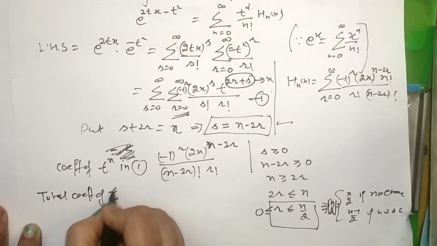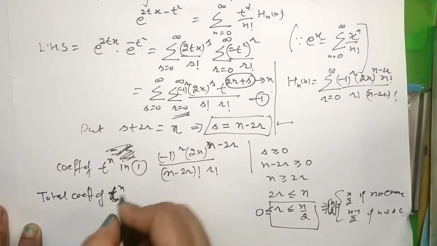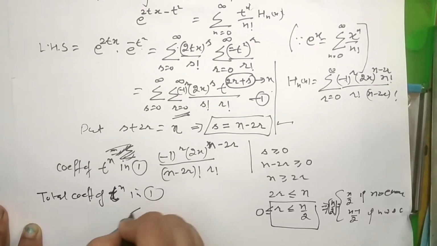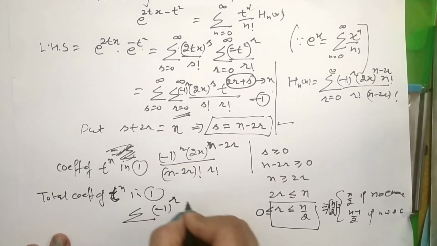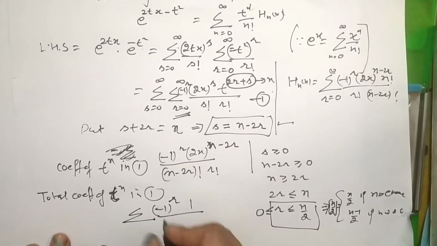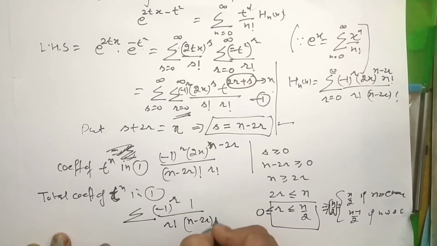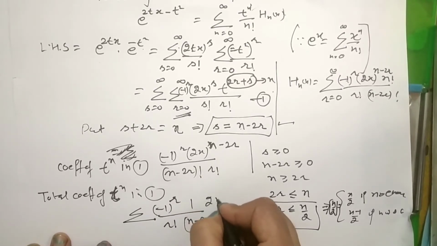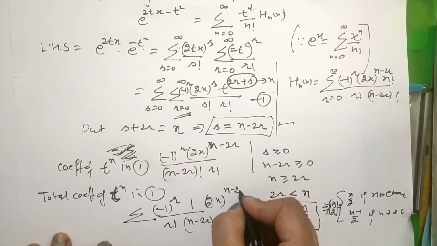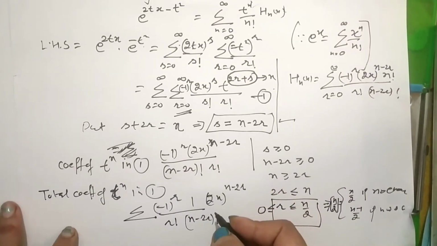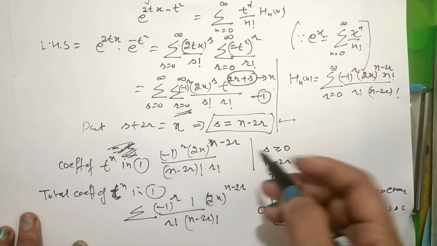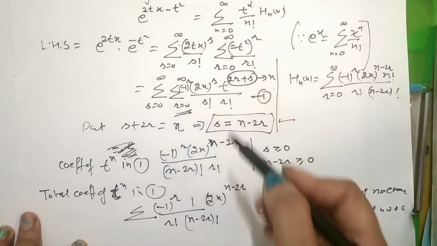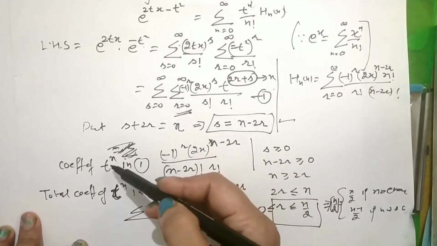So now we are going to write the total coefficient of t raised to power n in 1, which is summation minus 1 raised to power r, 1 upon r factorial, n minus 2r factorial, into 2x raised to power n minus 2r, because from here you can see this is the coefficient of t raised to power n.